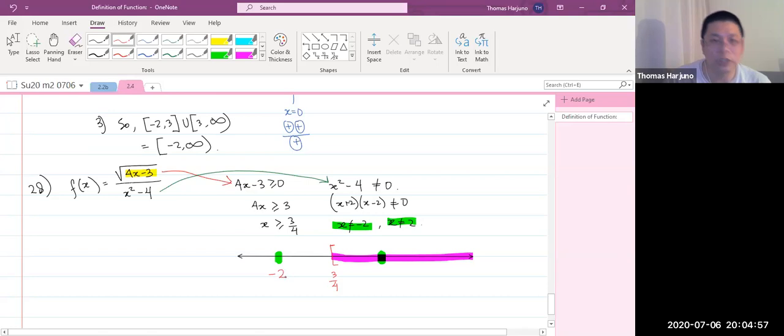Negative 2 is not in the first interval anyway, so I don't worry about that, but it cannot be 2. So the domain will be from 3/4 up to 2, not including 2, and then you continue again, 2 to infinity.